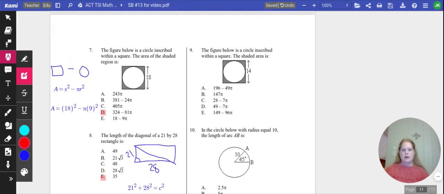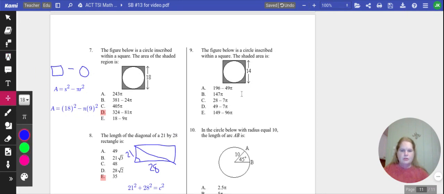All right, number 9. Ooh, it's the same kind of problem. We've got a circle inscribed in the square. What's the area of the shaded region? Same thing, square minus circle. I'm not going to type all that formula again. I'm going to go straight over here and do the work. Area is, now remember that's the square, which is 14 on the side.